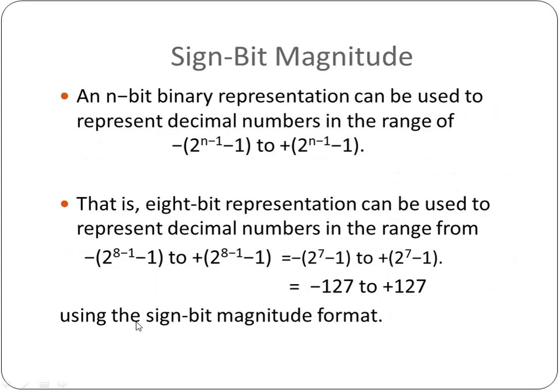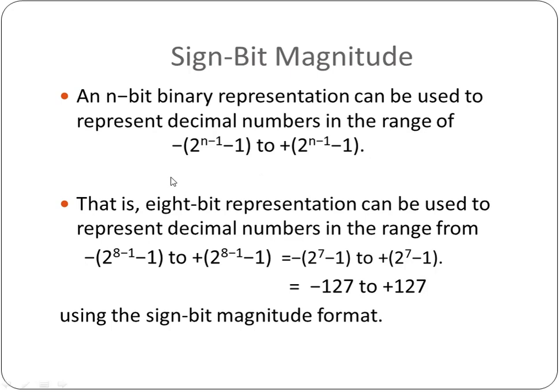Now with this representation we will find that any n bit binary representation can be used to represent decimal numbers in the range of minus 2 raised to n minus 1, minus 1, to 2 raised to n minus 1, minus 1. Means what?